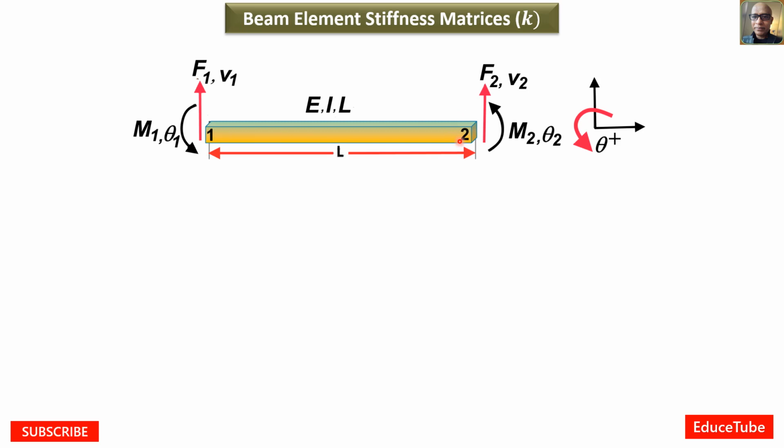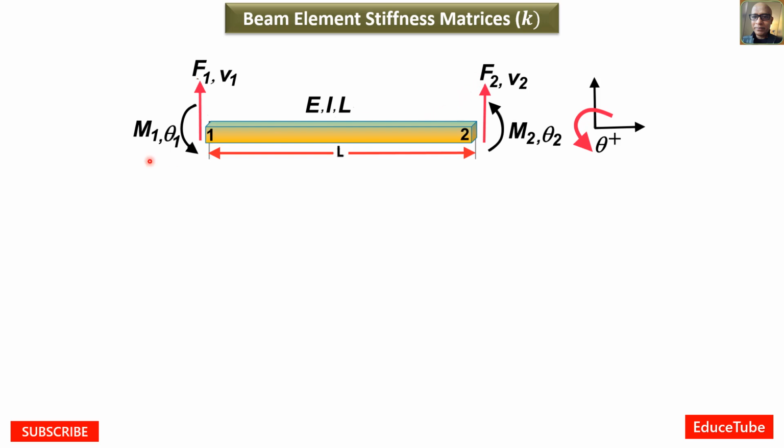At these nodes, forces are applied and displacements are measured, because when we do the calculations, forces are applied and displacements are measured. The thing is like this: F1 and F2 are the nodal forces.